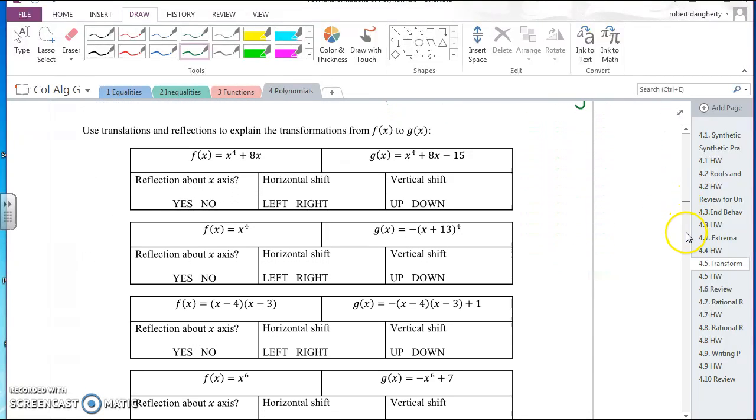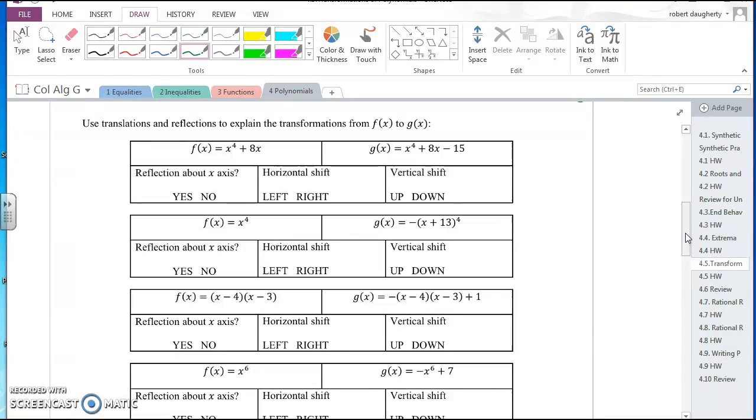So let's look, for example, at some polynomials. Let's look at f of x is x to the fourth plus 8x, and then g of x is x to the fourth plus 8x minus 15, okay? Well, is it reflected about the x-axis? To be reflected, I would have to have a negative in front of everything, and so it was not reflected. Did it move horizontally?